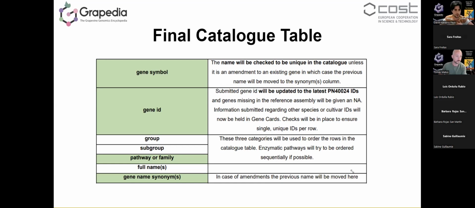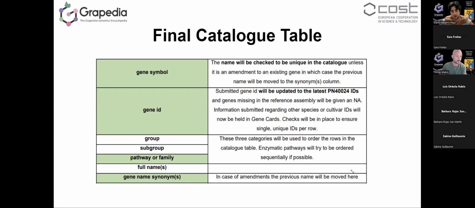This sort of thing will be done automatically, but we'll still keep trace of the original ID submitted, as this will give us traceability to the published study. And if there are any errors in converting this gene ID to the new assembly, we'll be able to fix them since we're dealing with them as well.